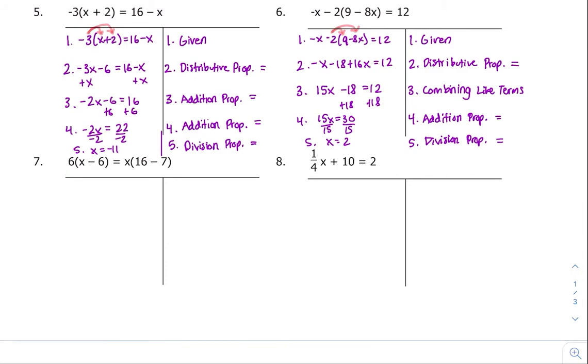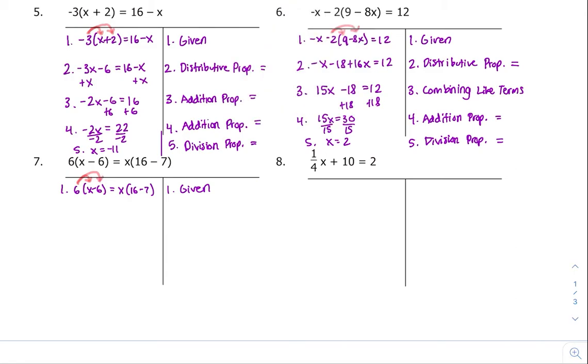Okay, number 7. Gonna write down our statement. This is given. So what I'm gonna do right now is I'm going to distribute both of them.